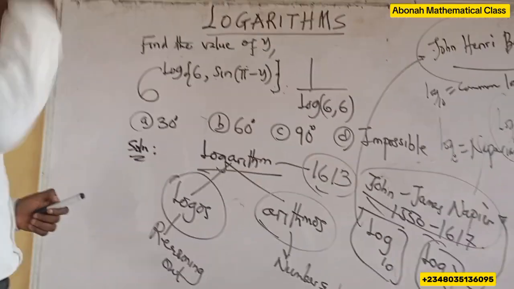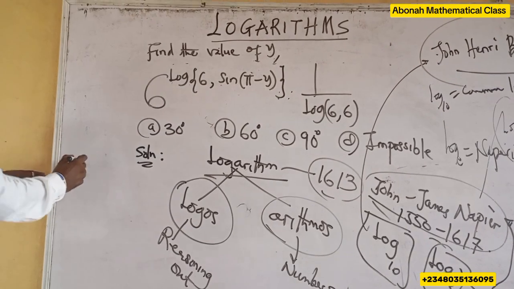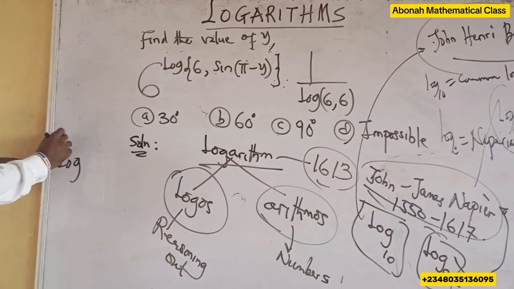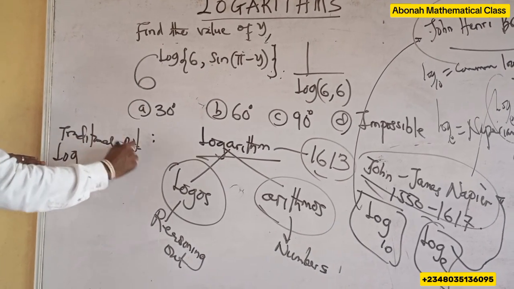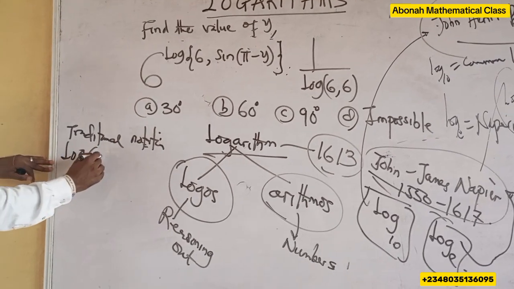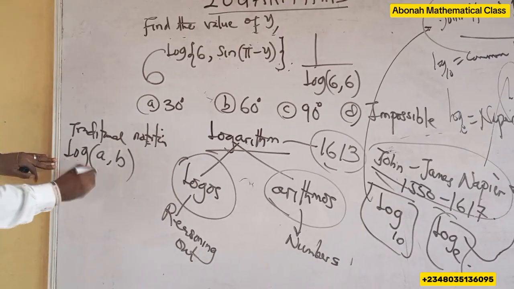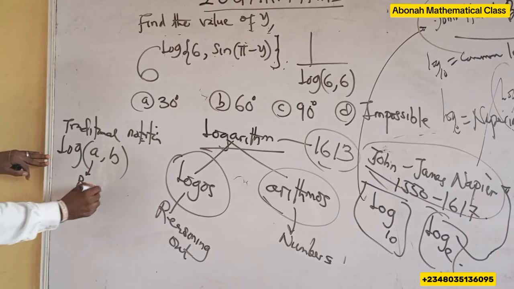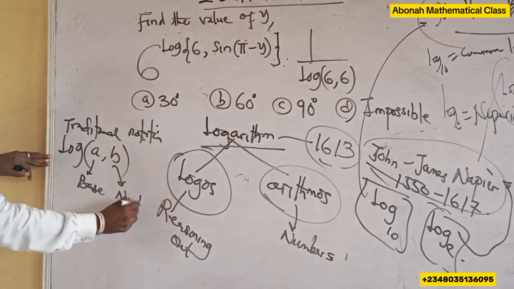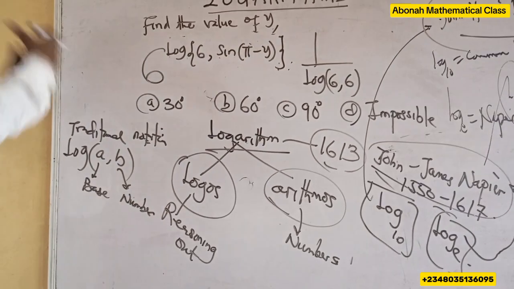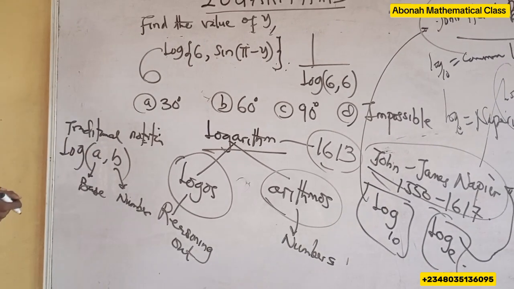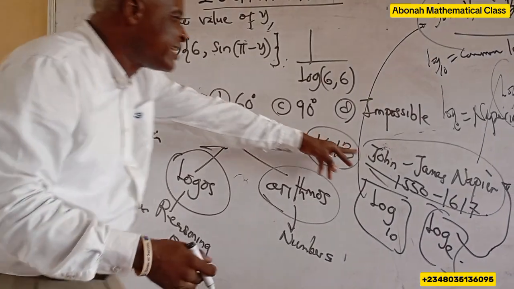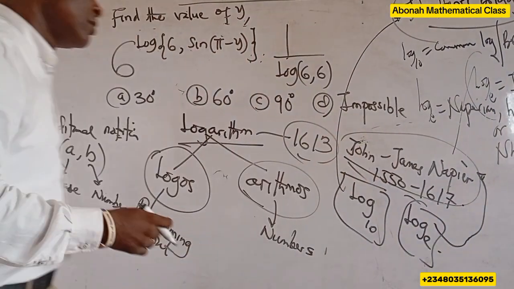And we have what we call logarithm notation. We have two types. Traditional notation, which is log comma b. Here is the base of the logarithm, while here is the number. This is the olden days way, or ancient way, of writing logarithm, which was designed by John Napier.